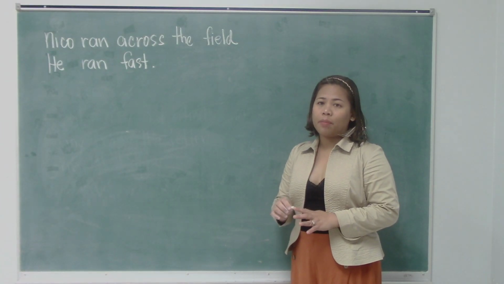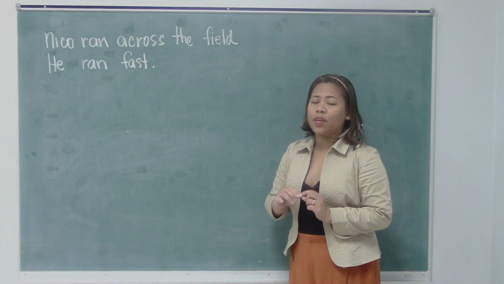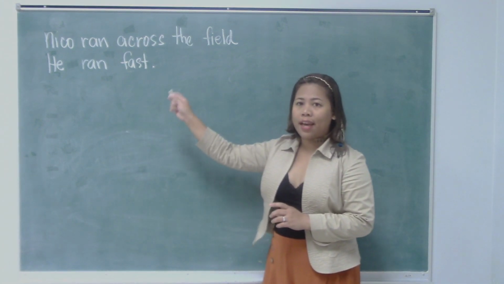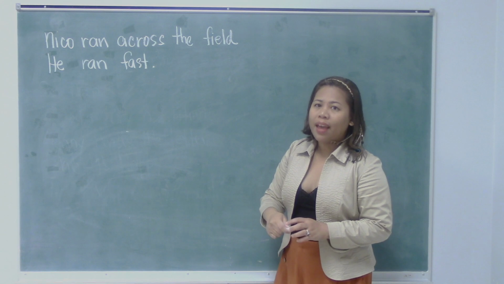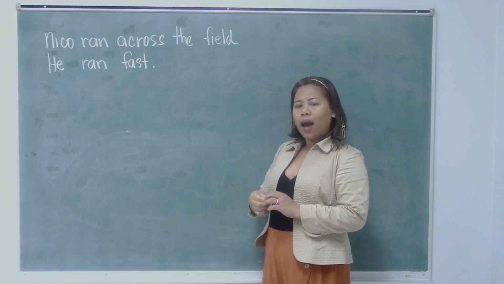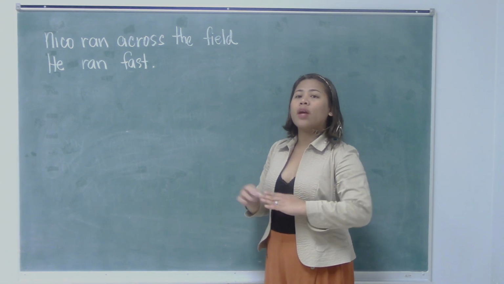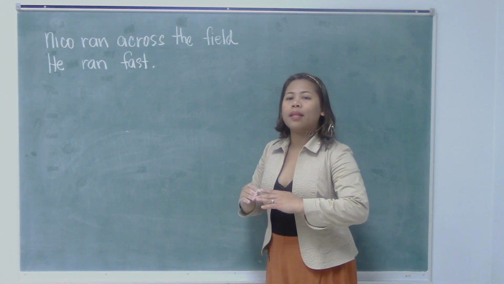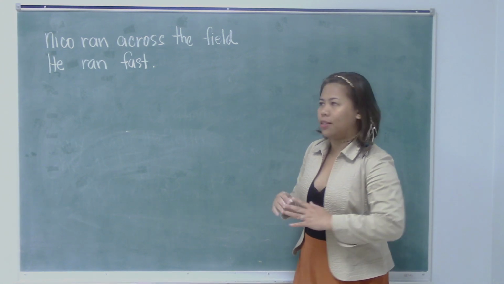Let's have another example. The first example is just an SVO pattern. This time, I included the second pattern. It's the SVA, the subject, verb, adjective. Now, let's see how we are going to translate them into Filipino, and at the same time, let's see how the patterns change.